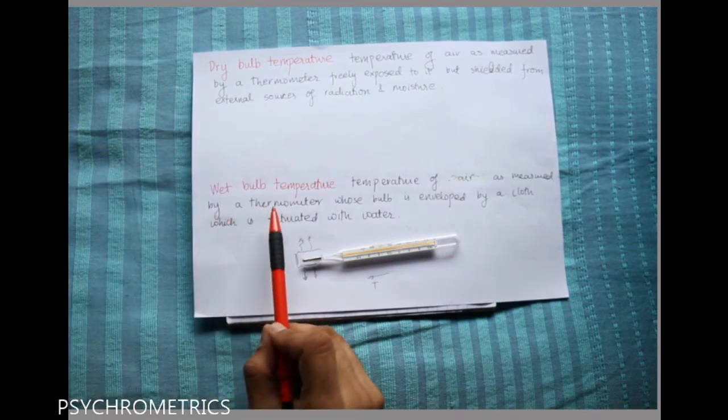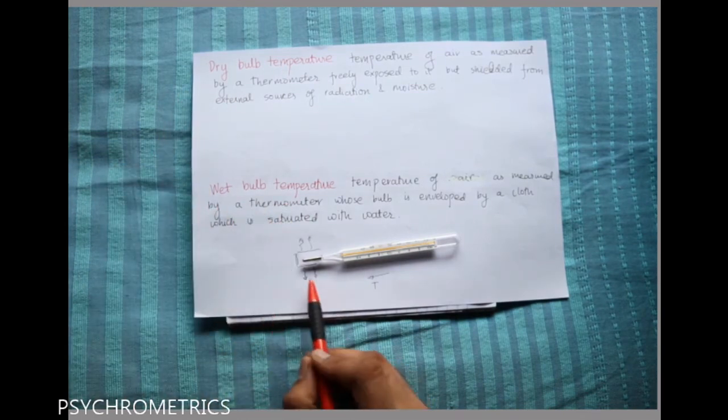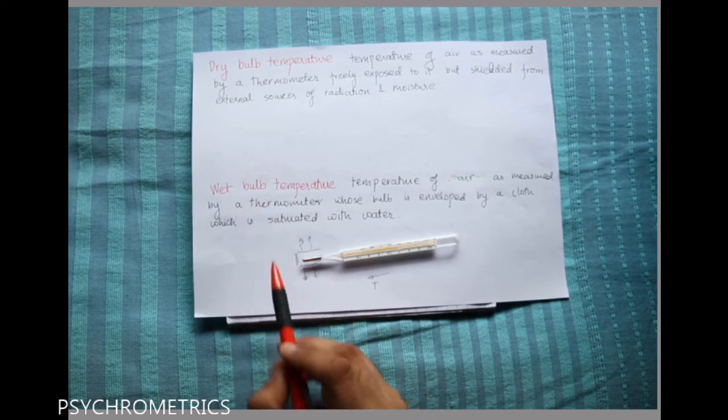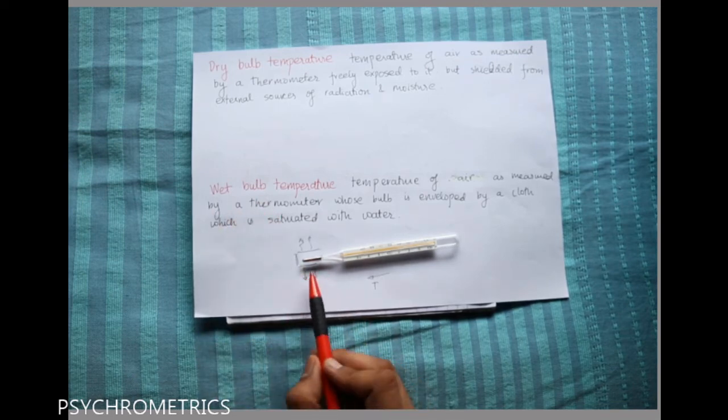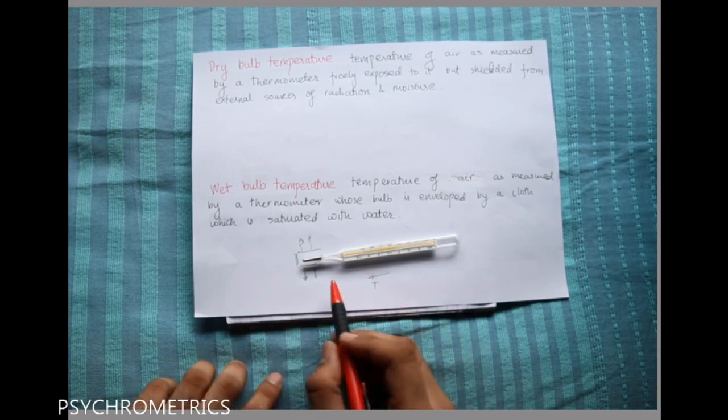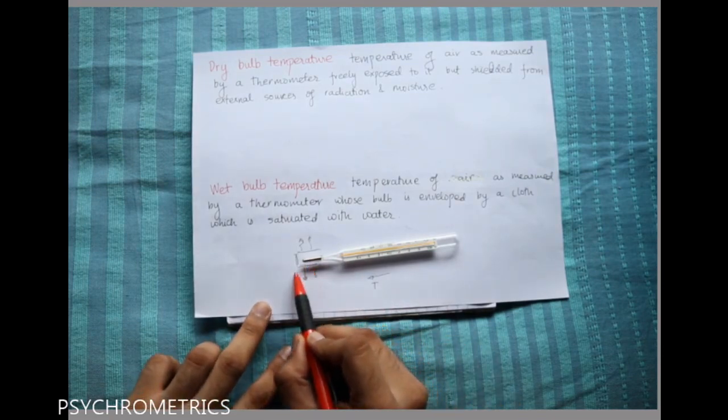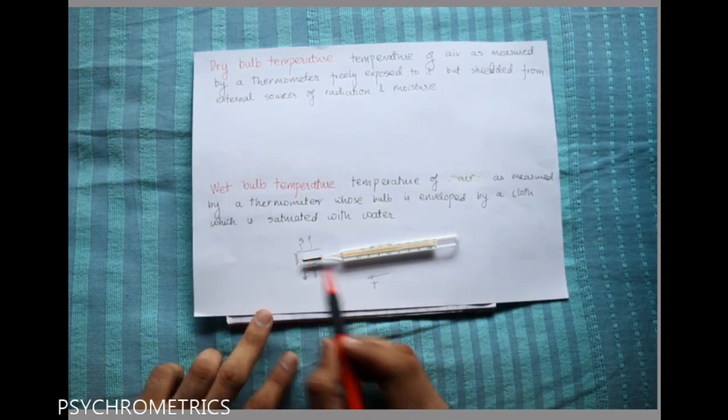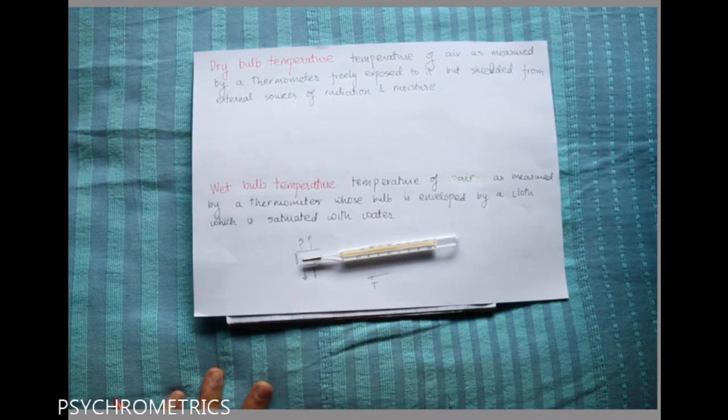However, what is going to happen when you measure its wet bulb temperature is that the amount of water vapor that is going to evaporate at the same dry bulb temperature for different levels of humidity is going to be different. Thus, the amount of cooling on the bulb is going to be different.